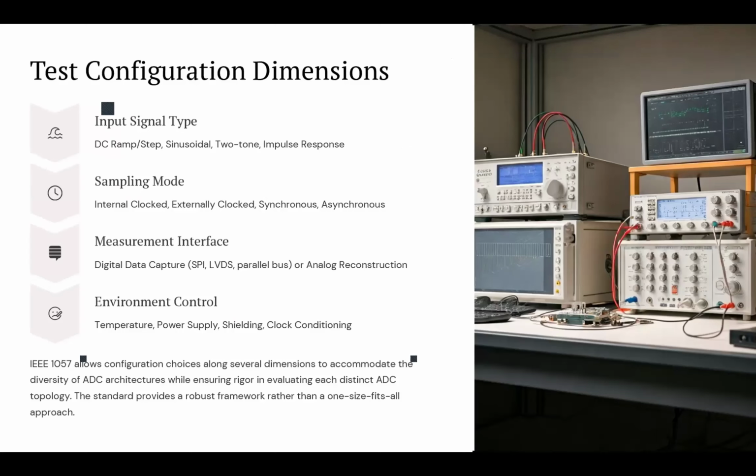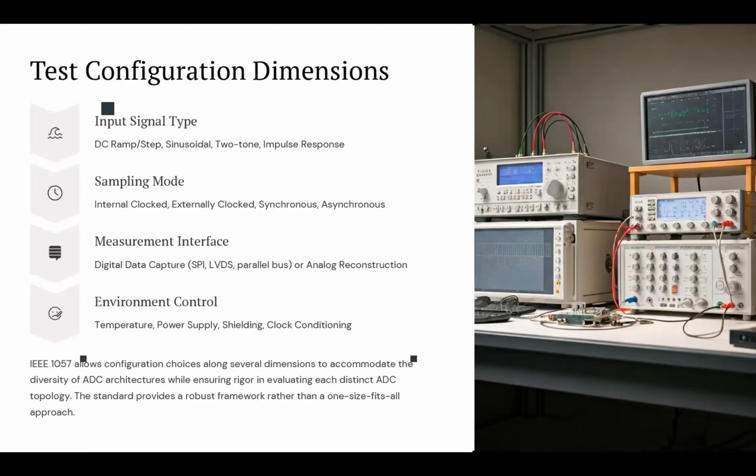You can see the 4 dimensions that are defined in IEEE 1057 in the slide. Each dimension impacts the measurement accuracy, repeatability, and relevance, especially when we're comparing different architectures with each other.